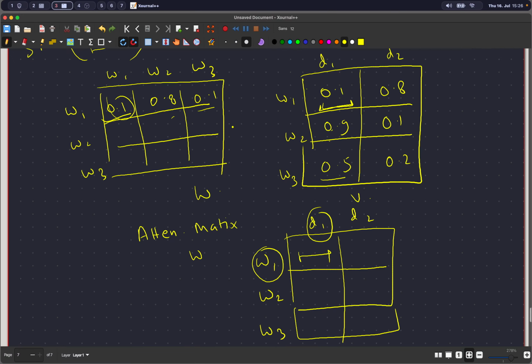So what we are saying is, in the updated representation of the first word, and we are just looking at the first dimension right now, let's assign 0.1 weight to the first word, 0.8 as the weight to the second word, 0.1 as the weight to the third word. So the final number that we will have in the first dimension of our representation of the first word will simply mean that we are giving the highest weightage to the second word.